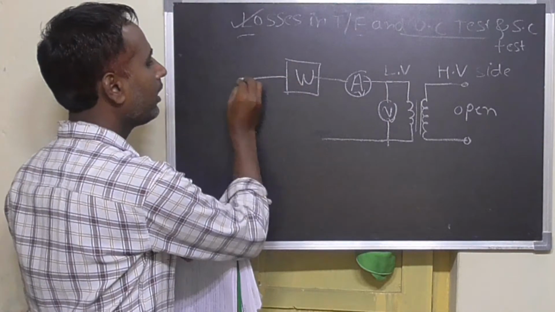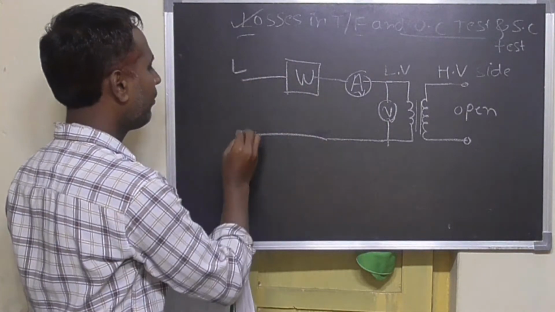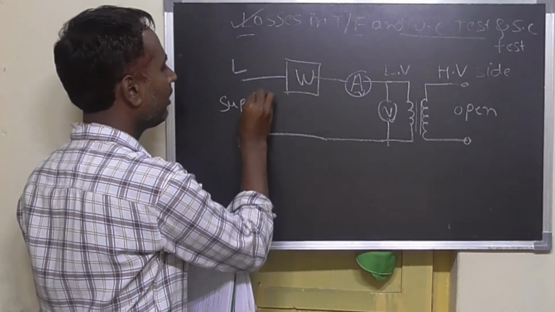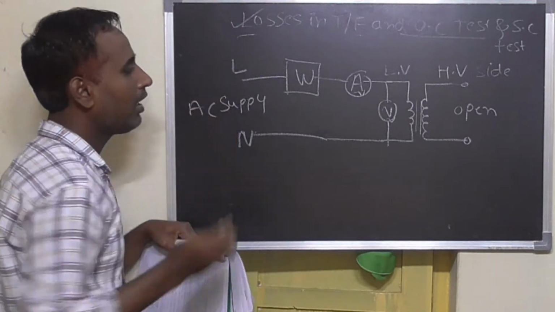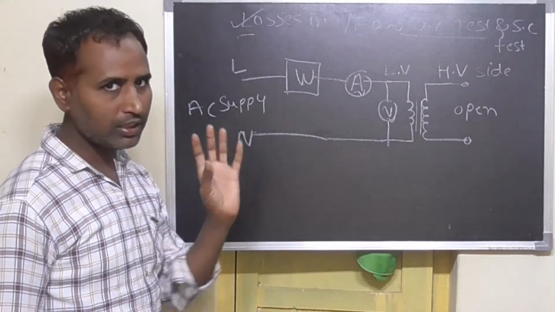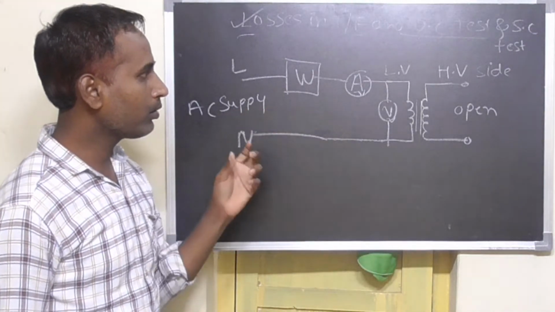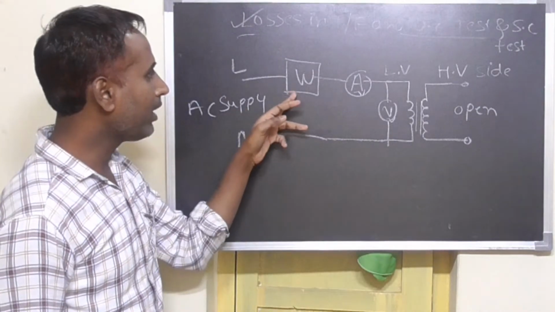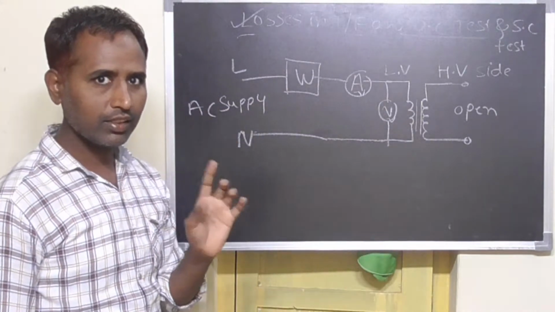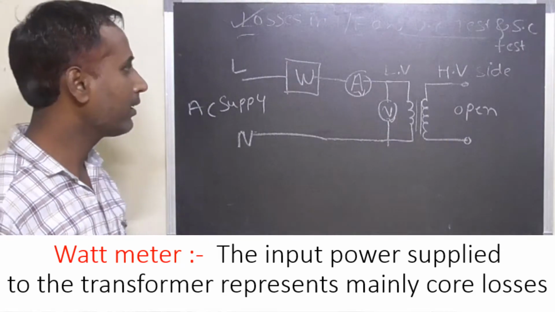Correct. So here I have given the phase and neutral. This is the AC supply. So voltmeter is used to measure the voltage, ammeter is used to measure the current, wattmeter is used to measure the iron losses. This is a very, very important point.